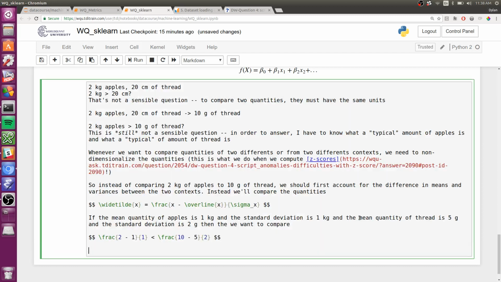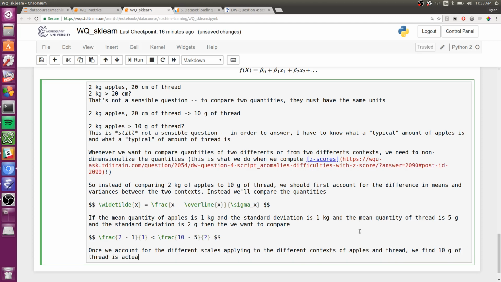So once we account for the different scales applying to the different contexts of apples and thread, we find 10 grams of thread is actually more than 2 kilograms of apples, in that it is a more extreme quantity of thread.